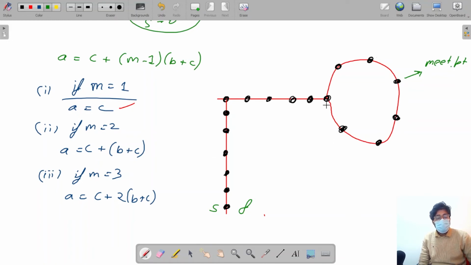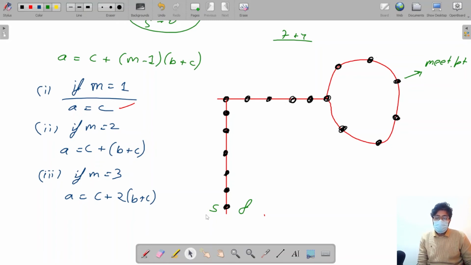Right? 4 plus B plus C. B plus C is 7. 7 plus 4. So from here it will be 1, 2, 3, 4, 5, 6, 7, and 1, 2, 3, 4. Right? And if I come here, 1, 2, 3, 4, 5, 6, 7, 8, 9, 10, 11. Right? So the meeting point will be this.